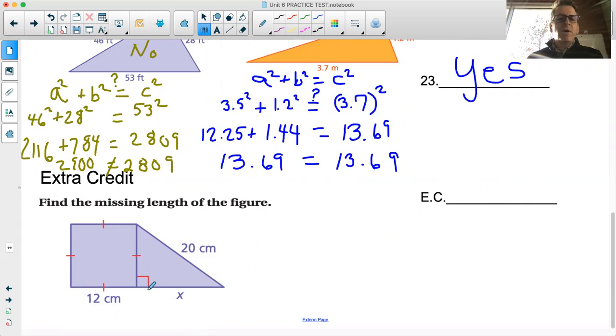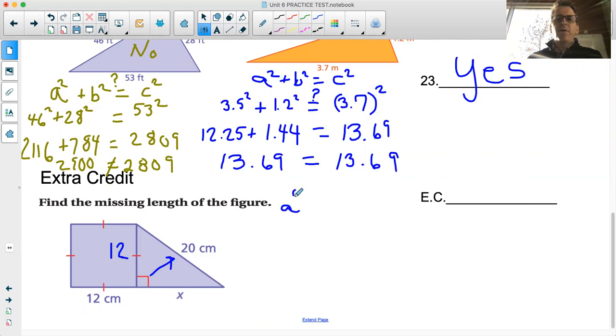And if this side is 12, the height of this right triangle will be 12. So with that in mind, we know the hypotenuse of this right triangle. We're told that it's right, so across from it is the hypotenuse, which would be the 20.